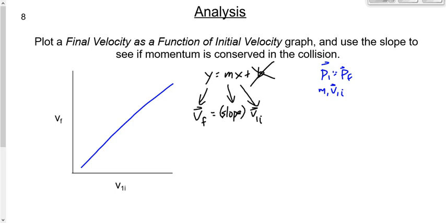Make sense? Equals m total times Vf. Rearrange this to solve for Vf, because the first equation is solved for Vf. I get Vf is equal to m1 over m total times v1i. Anybody want to take a stab at what the slope would represent right now?